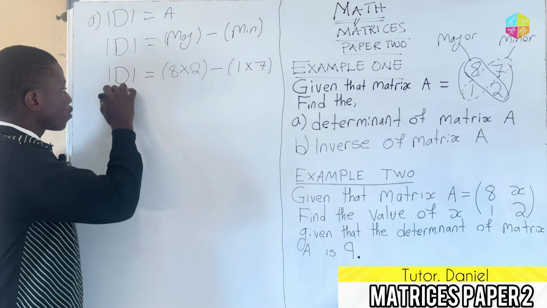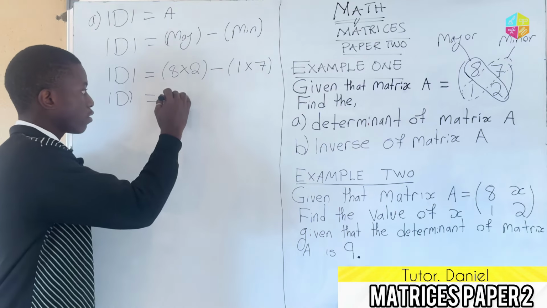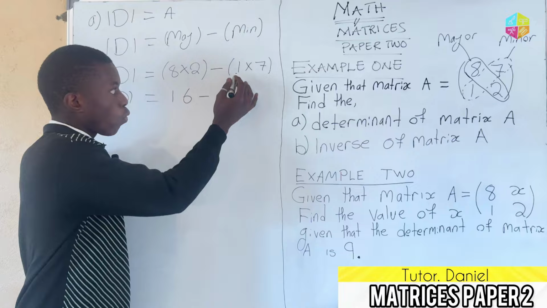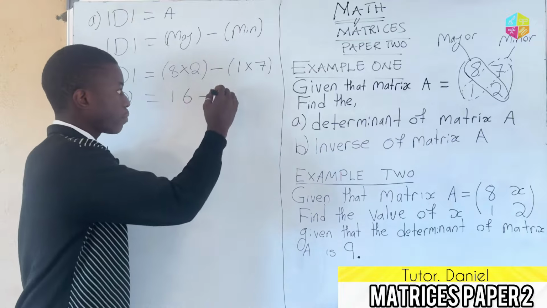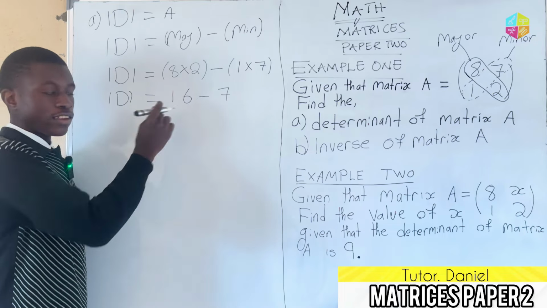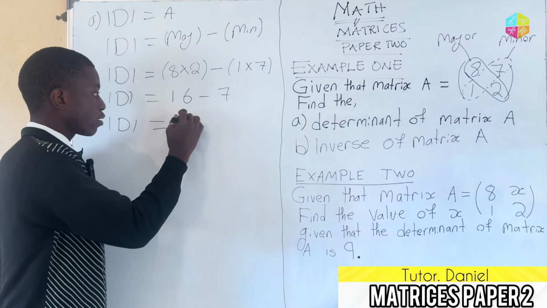Then determinant is equal to 8 times 2 gets 16, minus 1 times 7 gets 7. Then when you subtract 7 from 16, you get 9. So 9 is our determinant.